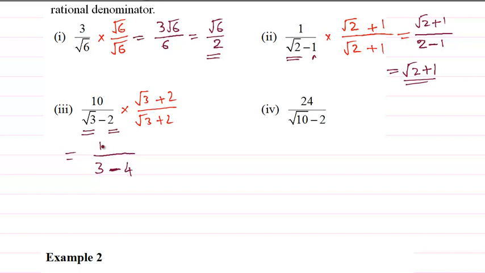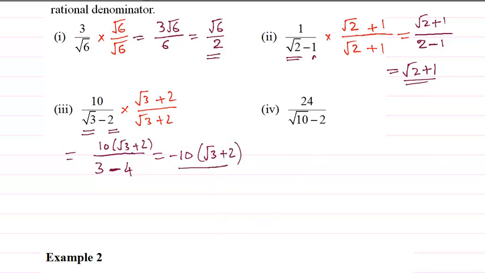But on the top we have 10, then write that in bracket, root 3 plus 2. Because we got minus 1 on the bottom, so the top part will be just minus 10, then in bracket root 3 plus 2.